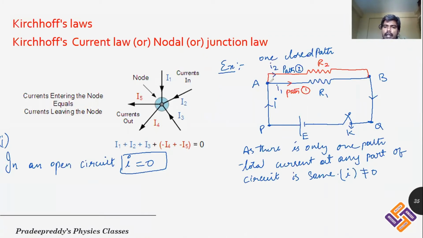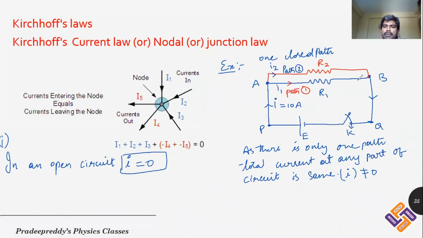So at point A, the current which is coming is divided into two parts because there are two paths for the current. The first part enters through the resistor R1, the second part through the resistor R2. For example, if I is equal to 10 ampere entering point A, then that 10 ampere would get divided into two parts.